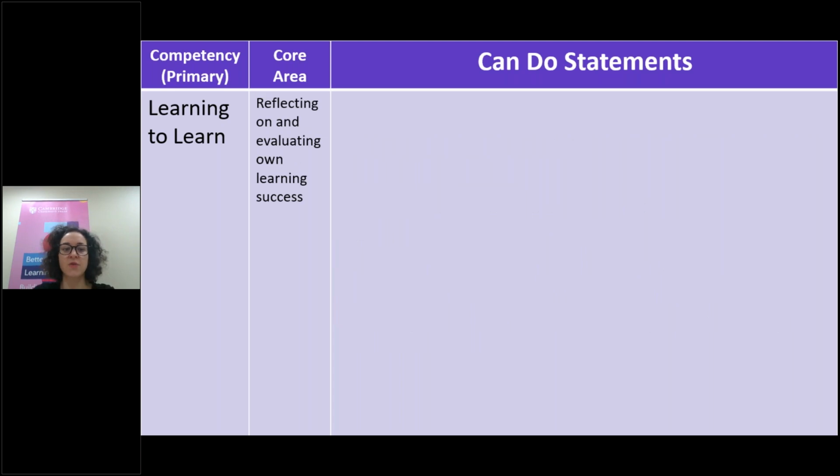And the last one, reflecting on and evaluating own learning success. This one is something that is difficult for us to switch to, because we are very used to grades, to grading students.